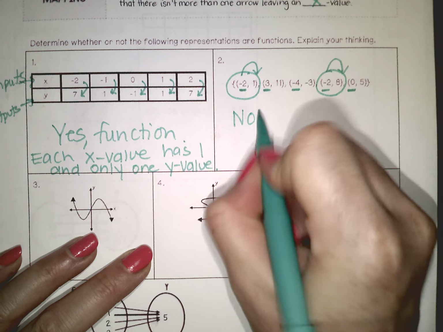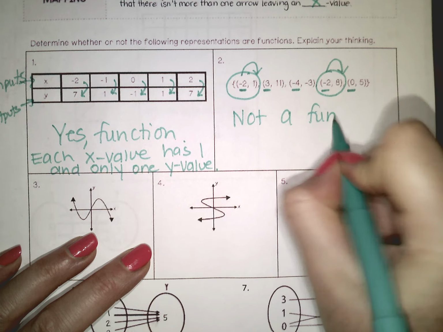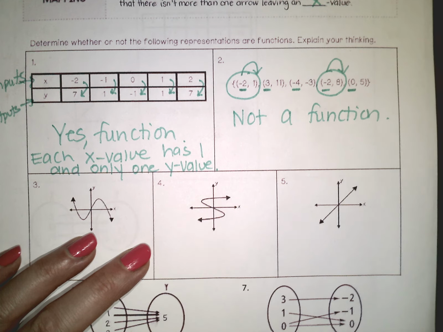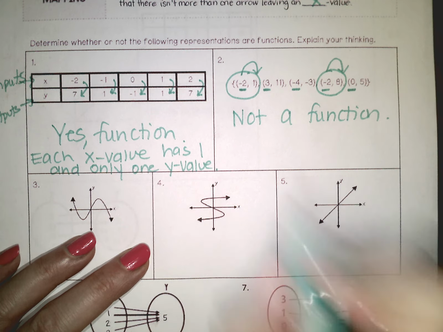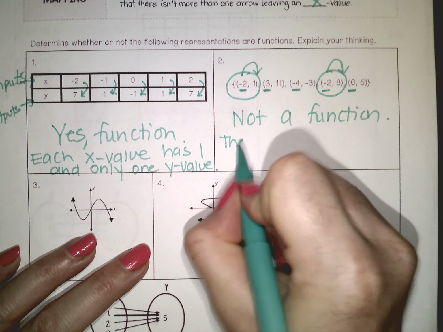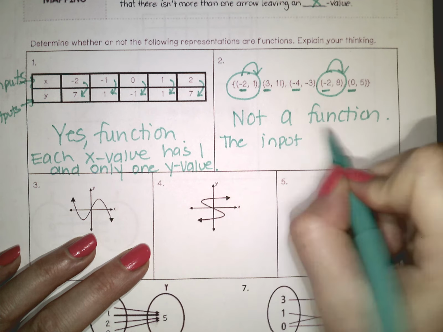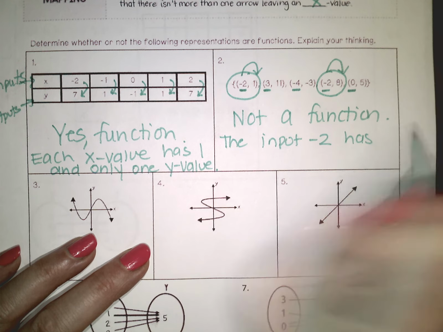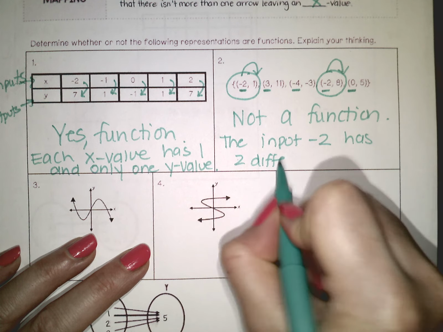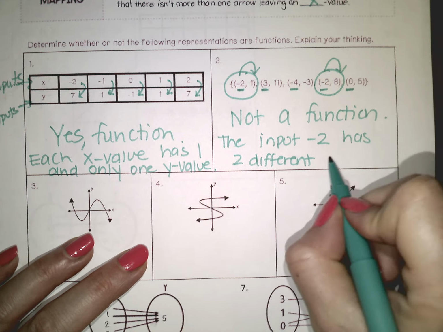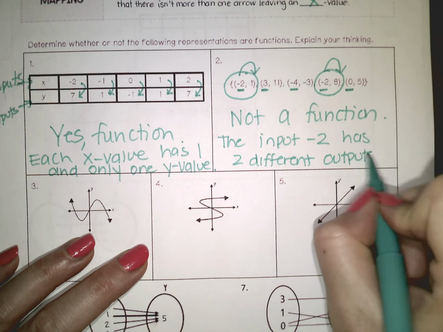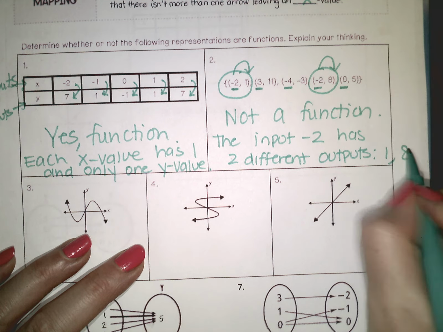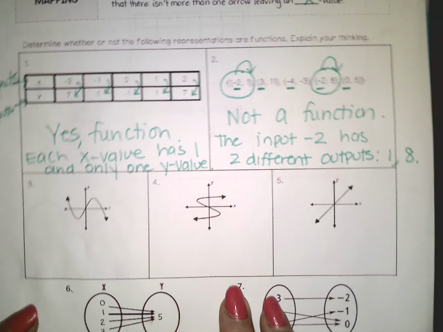So this is not a function. Why? Because the input -2 has 2 different outputs, 1 and 8. Okay?